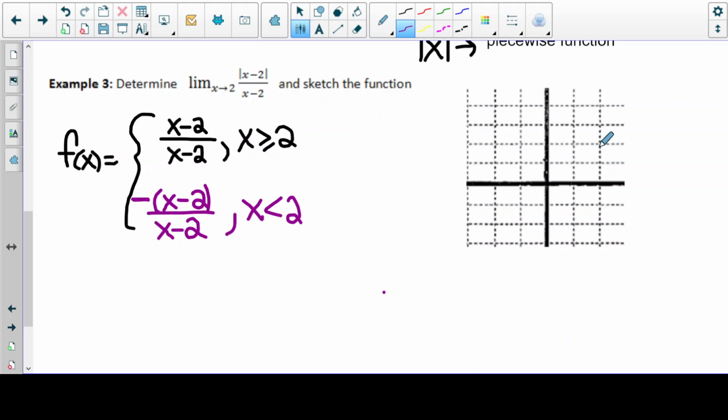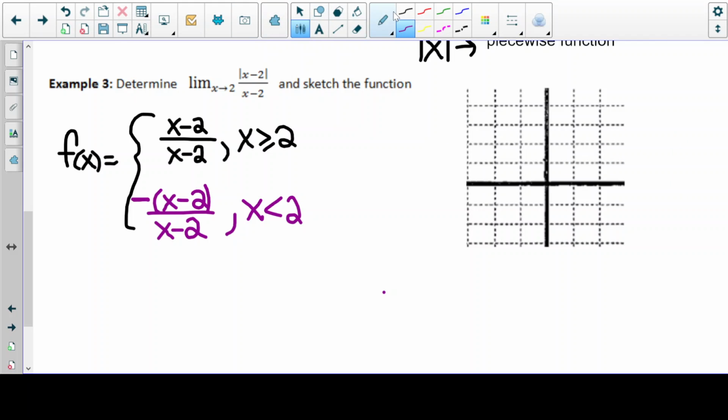That's undefined, right? So I'm going to put an open circle there. We'll get to that. But if it's greater than 2, first of all, the x minus 2 and x minus 2 will divide each other out, and all we're going to have is a value of 1.